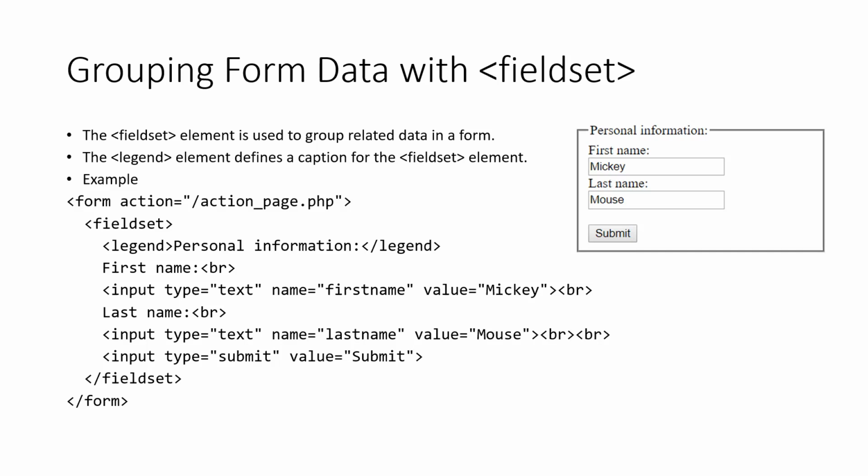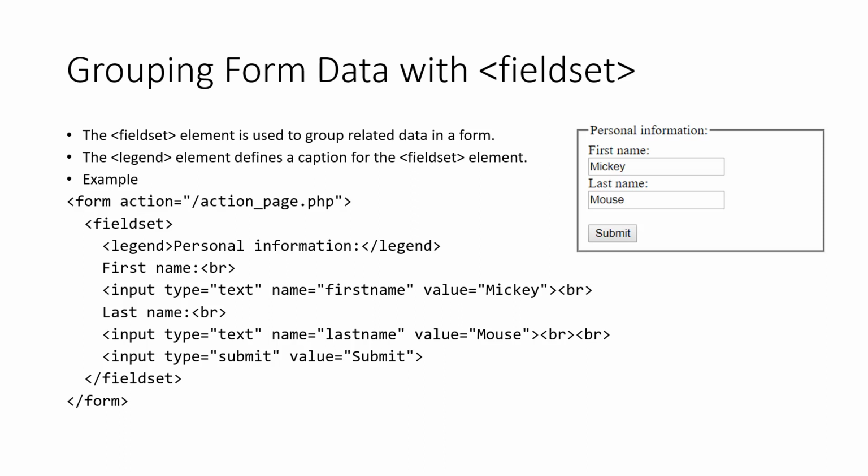You remember, when you have a large complex form, you better group these elements together so that users are very clear. Now, in user interface design, usually you have to think about this logical arrangement of data. So fieldset is one such element we could use to group related data in a form.